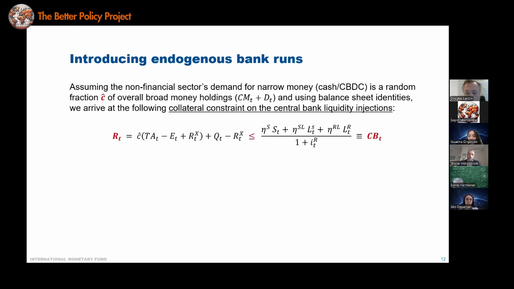They can buy foreign exchange, they can buy domestic government bonds, they can probably buy some highly rated, relatively low risk, potentially corporate bonds, but those are finite.